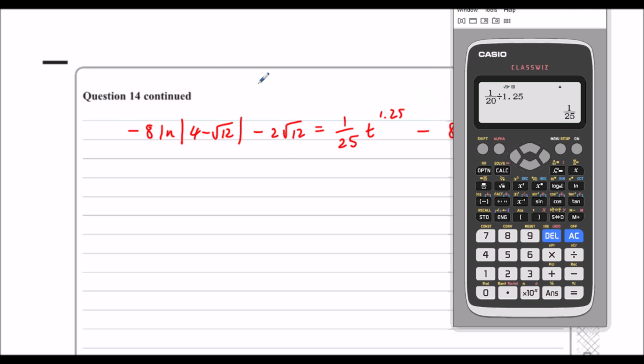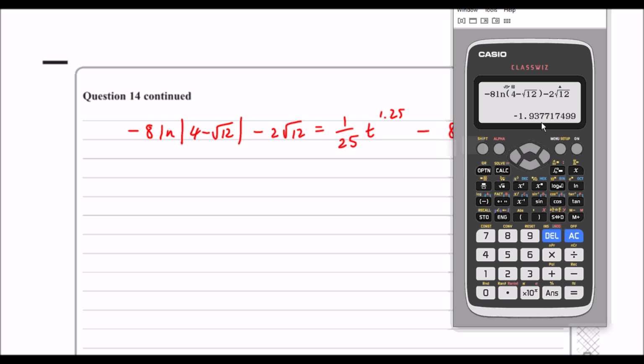So let's type in this left side, minus 8 ln 4 minus root 12. This is going to be positive, so we don't have to worry about that. Minus 2 root 12. So we've got negative 1.937. When I said it's going to be positive, I just meant the bit in the mod.